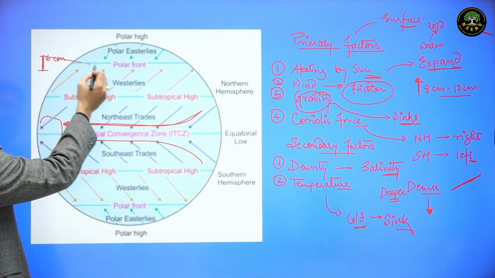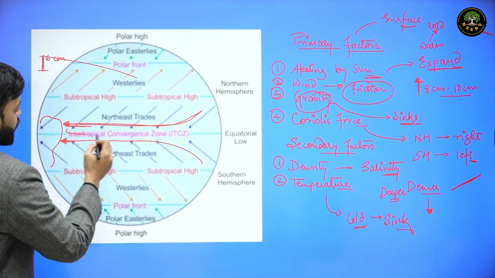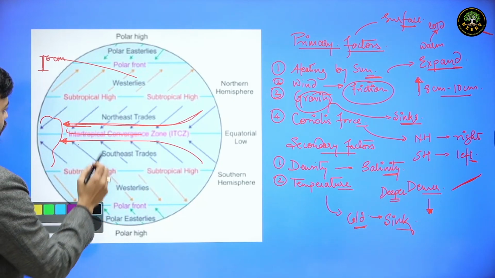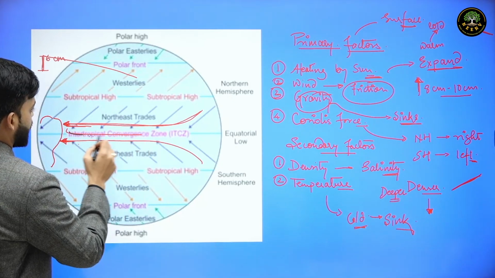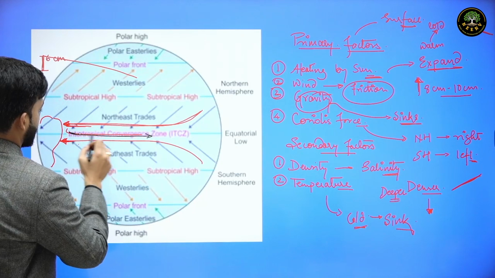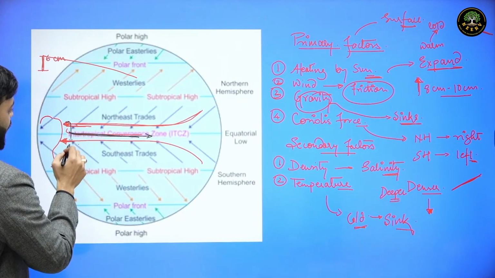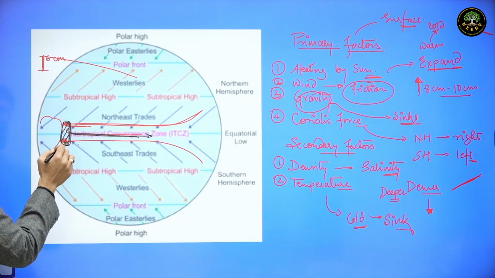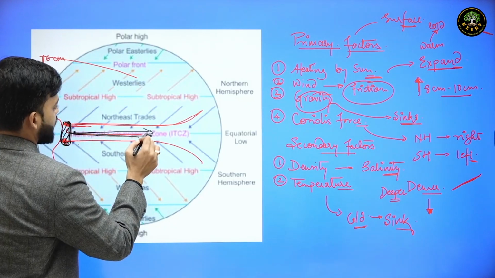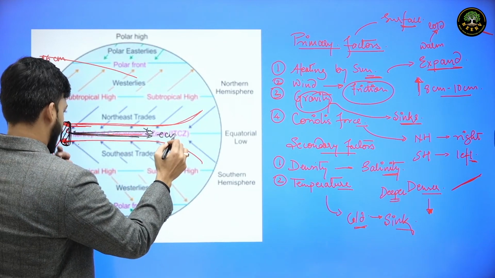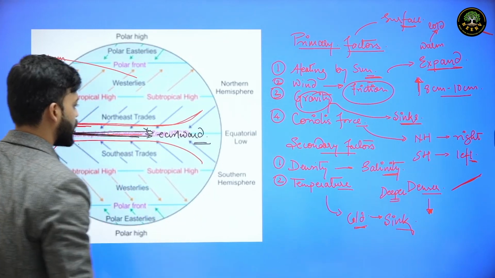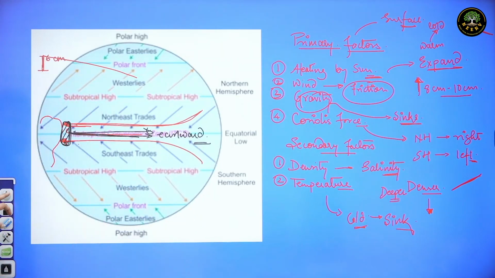This difference then leads to eastward flow of equatorial counter current, because this piled up water then tries to balance itself and starts moving in the eastward direction along with the rotation of the earth.